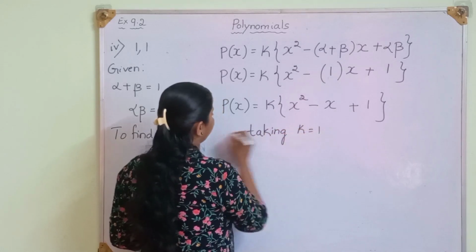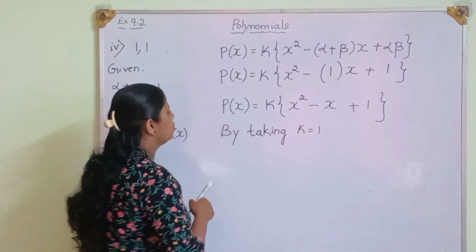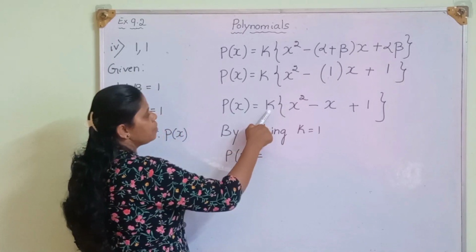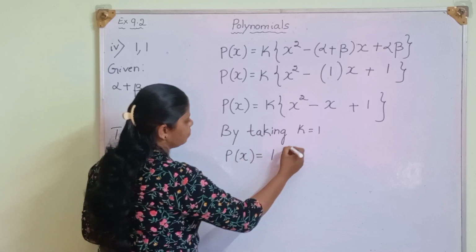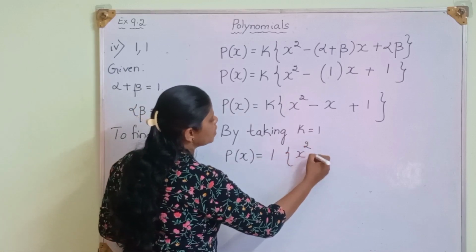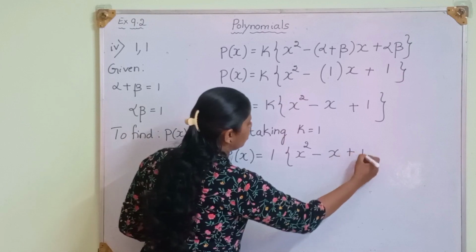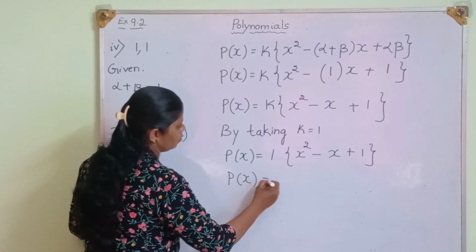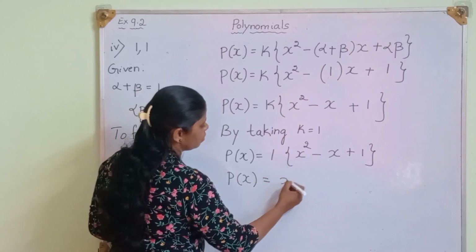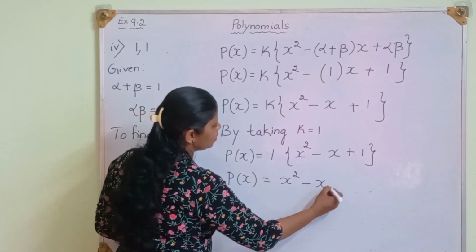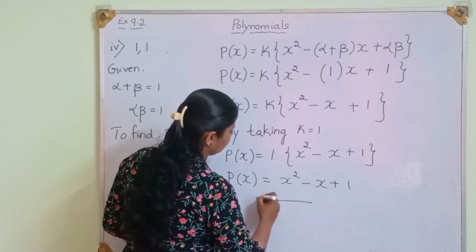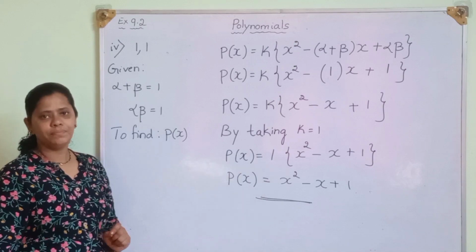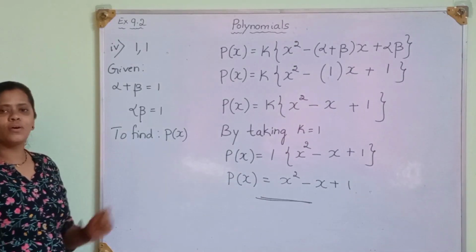By taking k is equal to 1, that is P of x is equal to, in the place of k, let us write 1. Therefore, we will get x square minus x plus 1. P of x is equal to 1 into this one, x square minus x plus 1. We have got the polynomial. Hope you have understood. Let us solve the fifth one.